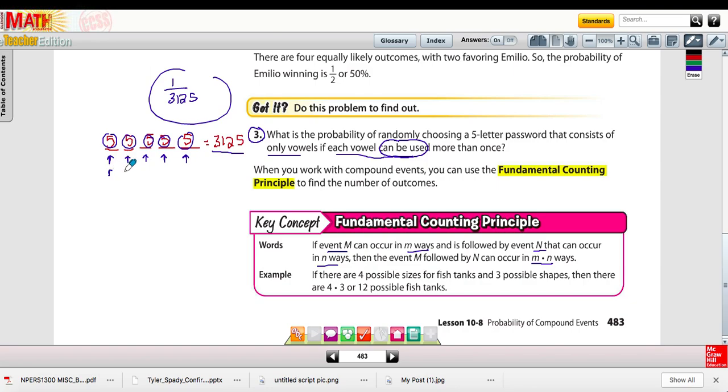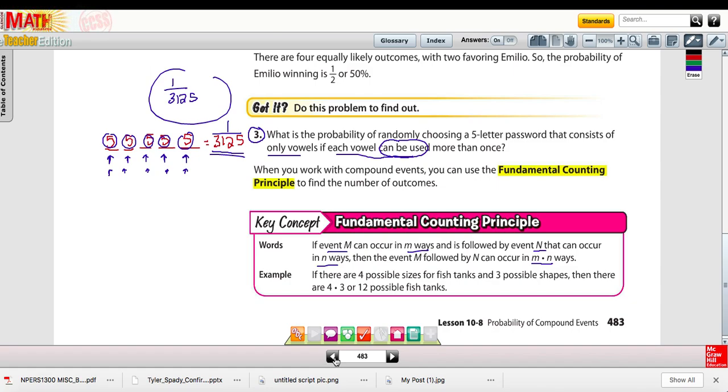This is event 1, event 2, event 3, event 4, event 5. And for them all to occur and for you to select the right one, you have 5 times 5 times 5 times 5 times 5, or 3,125 possibilities. And then for you to choose the right one, it's one out of that many.